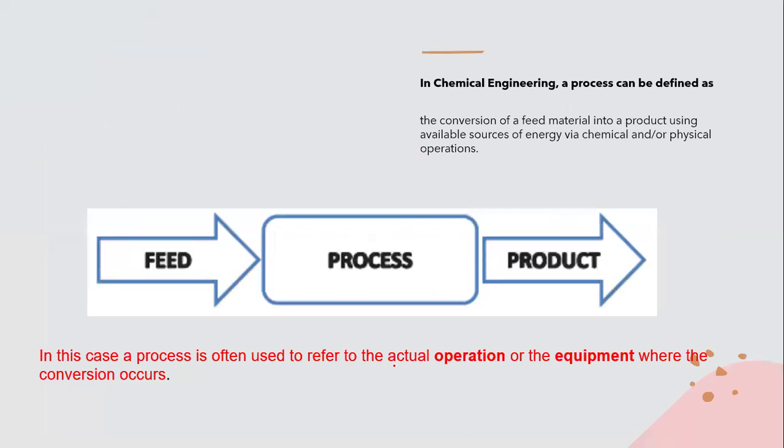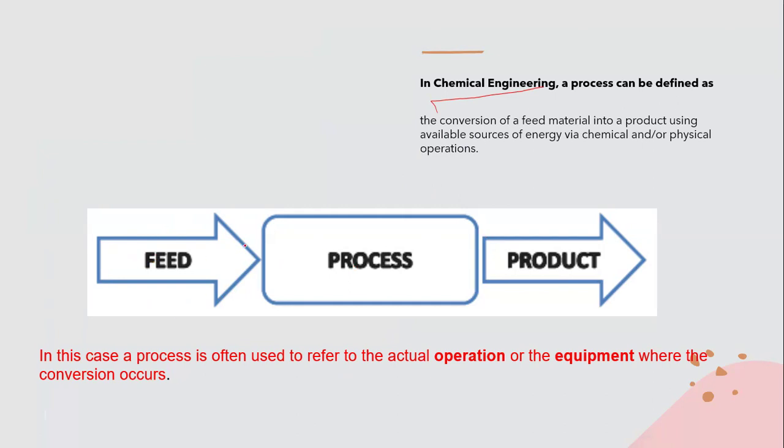Now here we're going to talk about the process, right? We spoke about process control, how to control that. Now we're going to talk about the process. The diagram that we see over here simply explains what the process is in chemical engineering. A process basically is when we take this feed, which is the reactants, right?